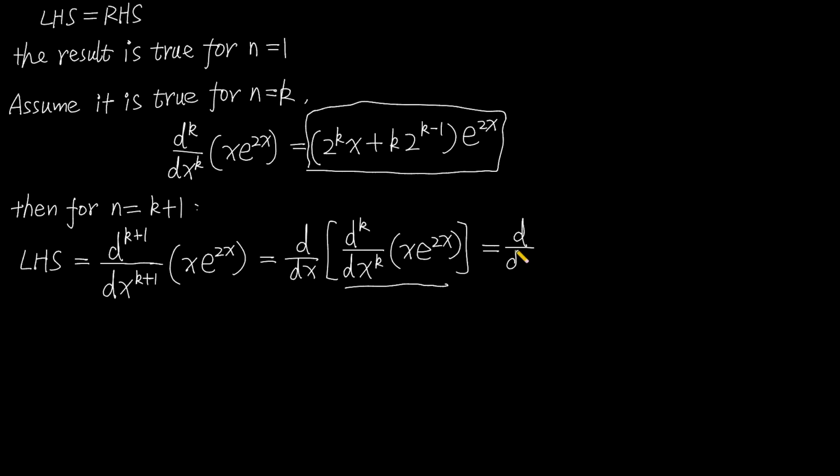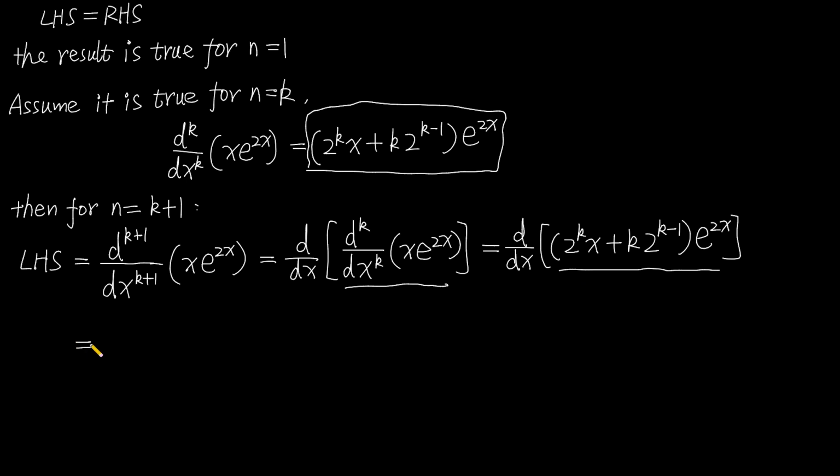d/dx of (2 to the power of k x plus k multiplied by 2 to the power of k minus 1) e to the power of 2x. Now we get the derivative of this guy. So we use the product rule.